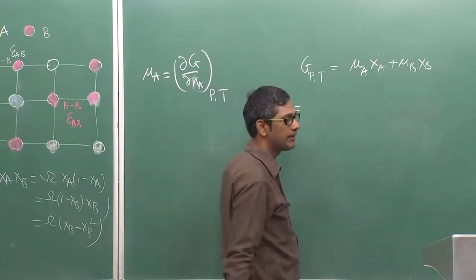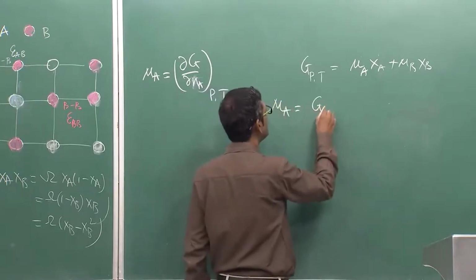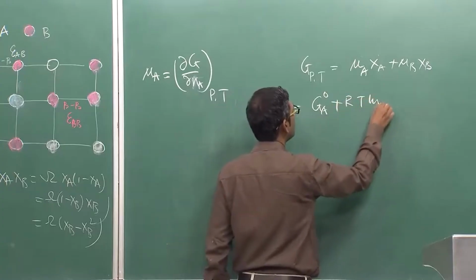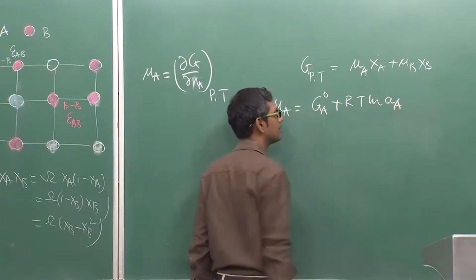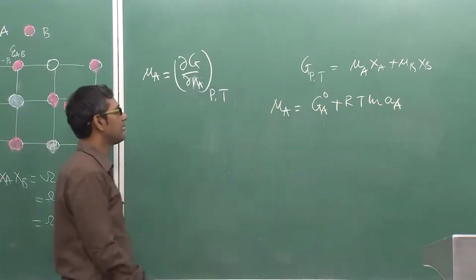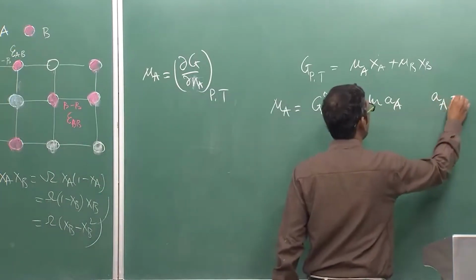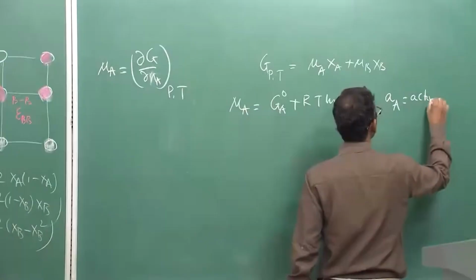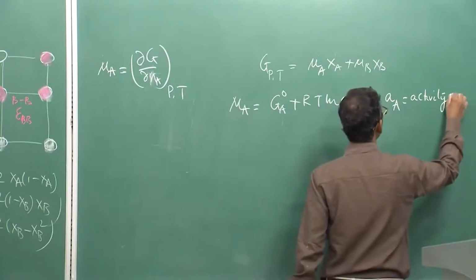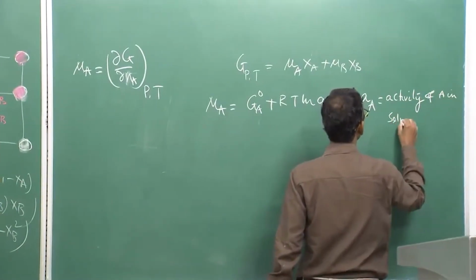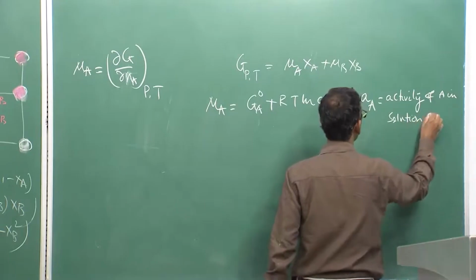Mu A is related to GA0 plus RT log of a, remember that, where a is the activity of A in solution, it may be liquid or solid.